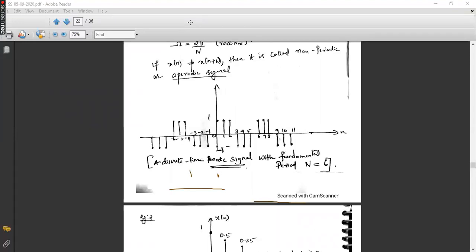Nishant, you have to speak. Nishant has to tell what is the time period of this signal after plotting the waveform.